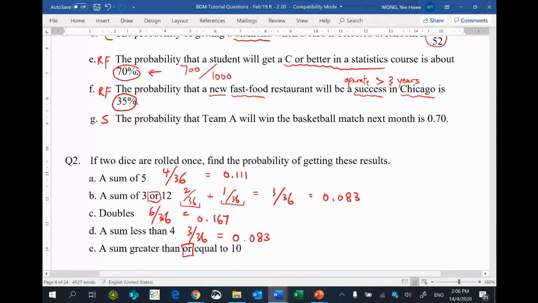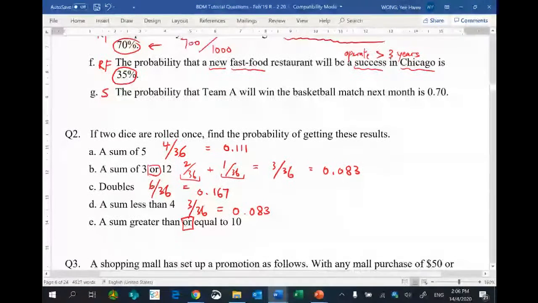A sum greater than or equal to 10. Or, remember the word or. What are you going to do? You're going to add. What are you going to add? Greater than or equal to 10. That means 10 or 11 or 12.